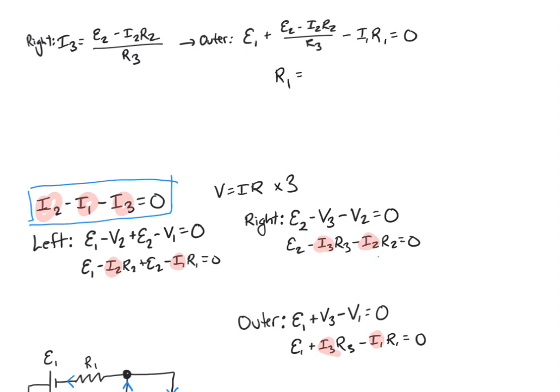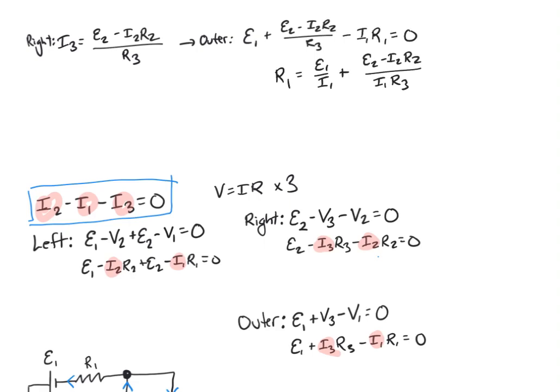R1 is equal to EMF1 over I1 plus EMF2 minus I2 times R2 over I1 times R3. So, oops, I'm sorry.